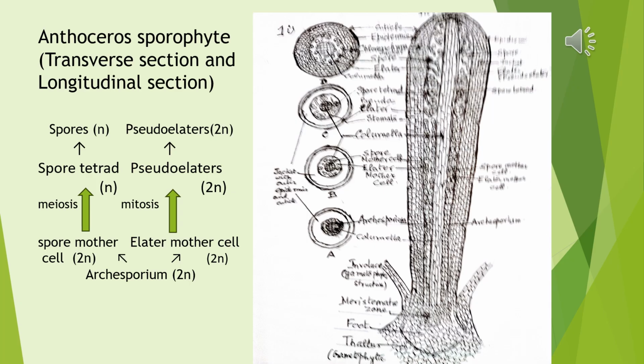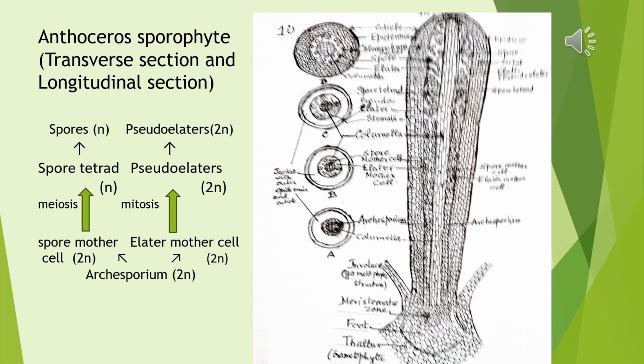Still above, in the section near the top, we find sporogenous area is wider with spore tetrads and elongated multicellular pseudoelaters. The same thing is seen in the longitudinal section. In that position, the uppermost section, both in the transverse and longitudinal section, shows the cells of the jacket also.